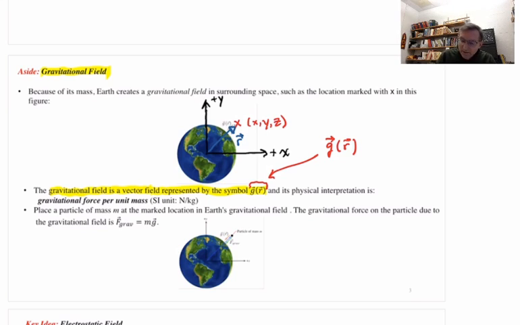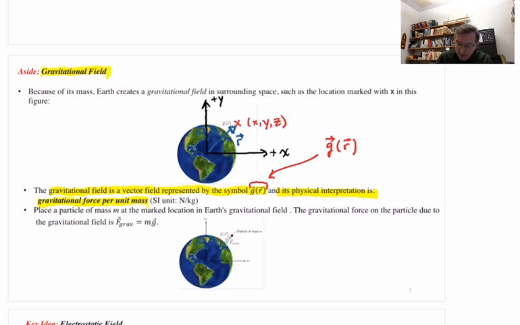Okay? All right, so the gravitational field is a vector field represented by the symbol G arrow of R arrow, and its physical interpretation is gravitational force per unit mass. Per means divide, right? At the location where the X is. Gravitational force per unit mass there.